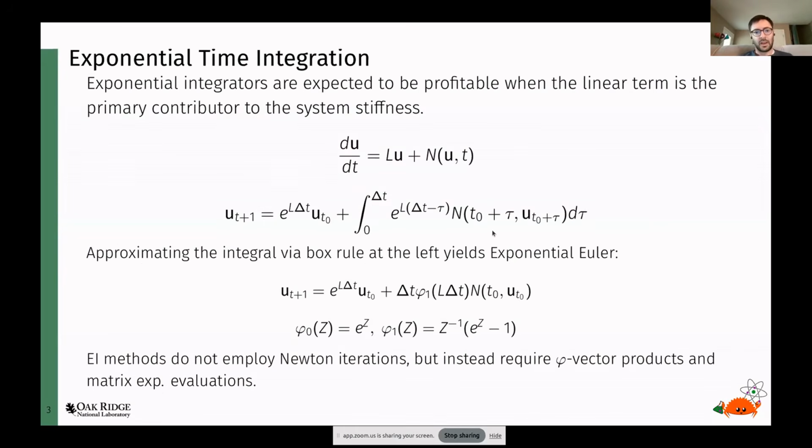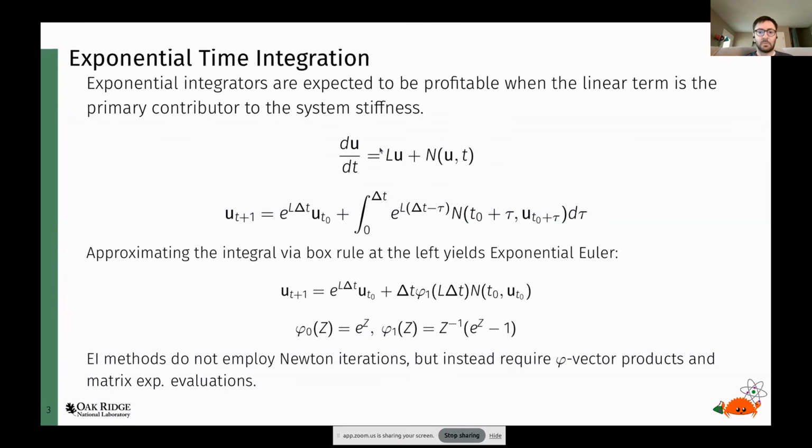So a high-level overview of how exponential integration works. This is only a very high-level review. But the idea is that you split a system of ODEs into a linear component and a remainder nonlinear component.